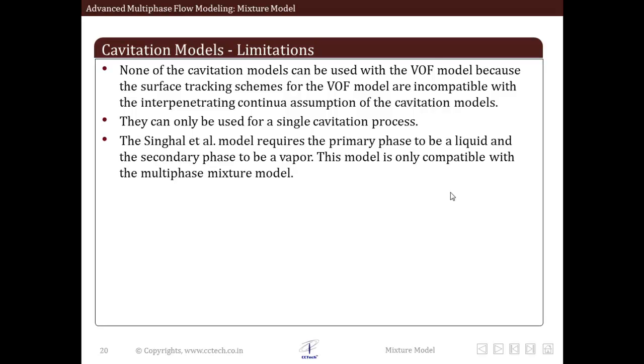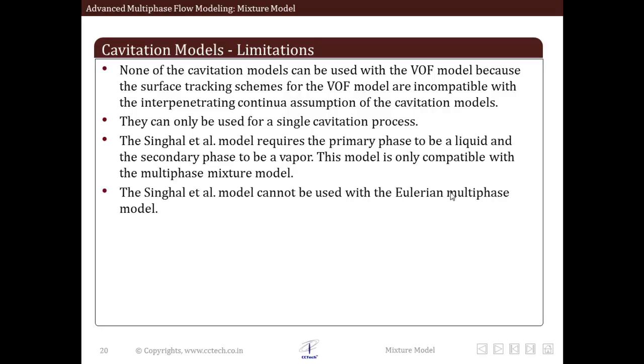The Singhal model, that is one type of cavitation model, requires the primary phase to be liquid and the secondary phase to be vapor. And this model can only be used with the mixture model. Whenever we use the Singhal model, we have to activate the mixture model and we have to assign the primary phase as liquid and the secondary phase as vapor. This cannot be changed or modified. The Singhal model does not work with the Eulerian model, it works only with the mixture model.